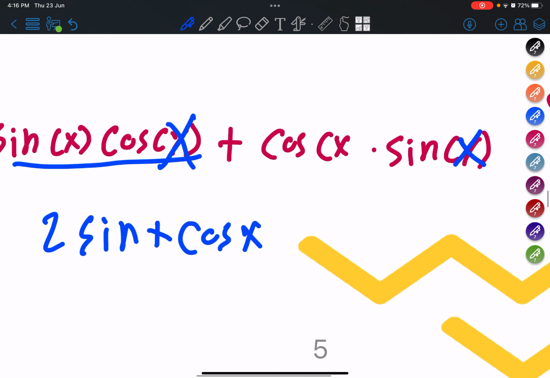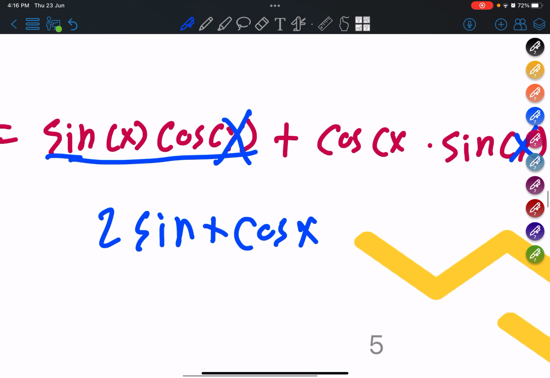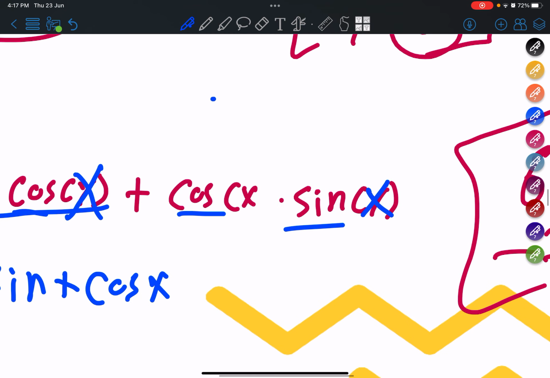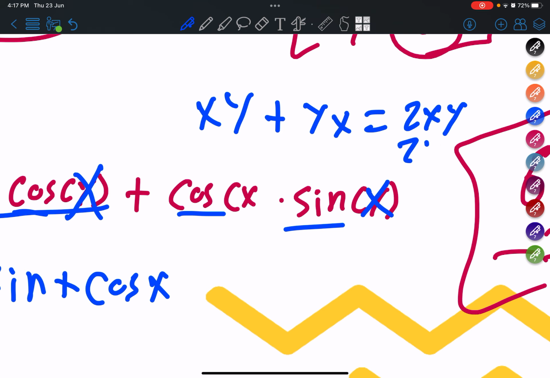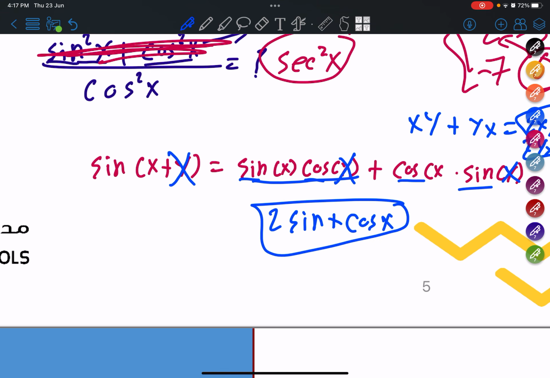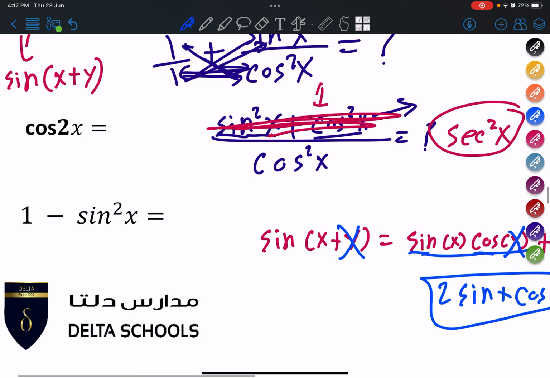It doesn't matter that the order here is different, like here we have first sine, then cosine, and here we have cosine, then sine. Saying xy plus yx is equal to either 2xy or 2yx, same thing, just up to the person. So this is the formula for sine 2x, which is 2 sine x cosine x.